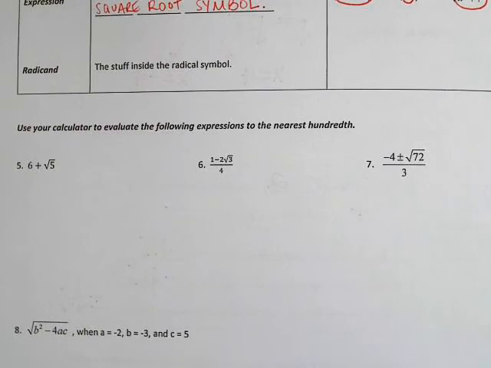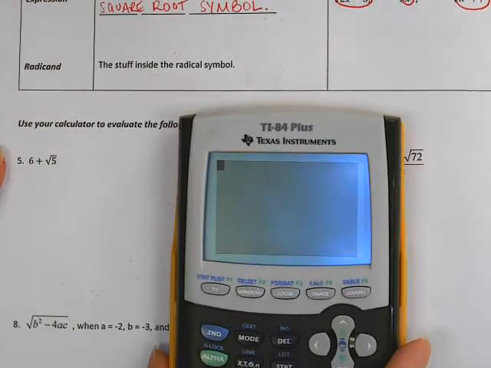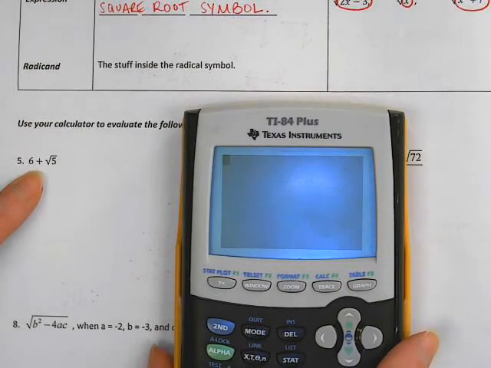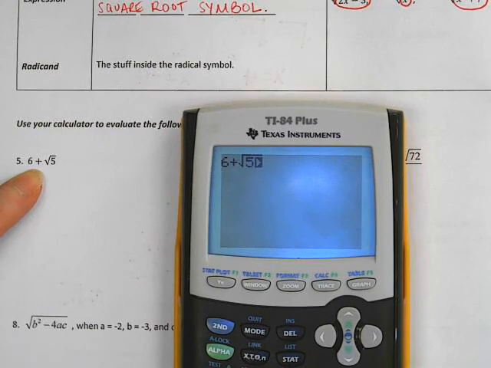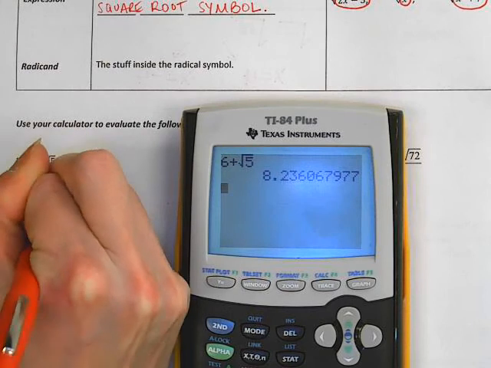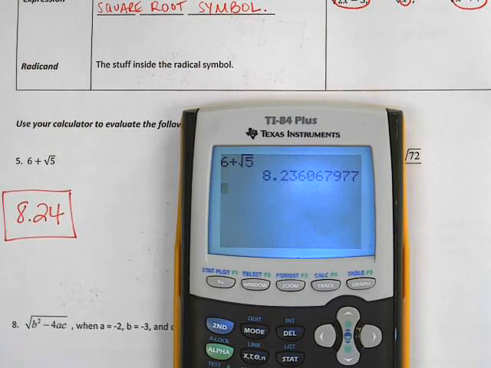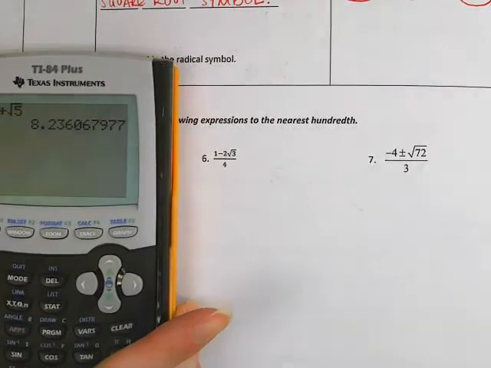All right, guys, more stuff to just see if you can type it in the calculator. So go ahead and type in 6 plus square root of 5. Super easy. This would be 8.24. Okay, moving on. Type this one in.